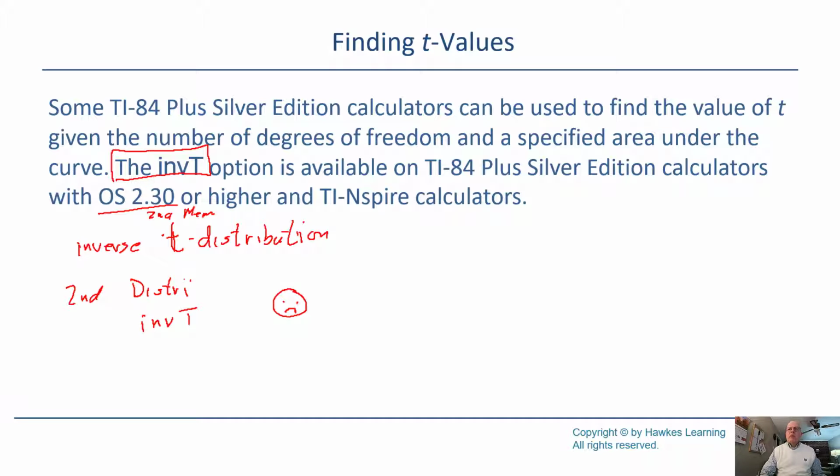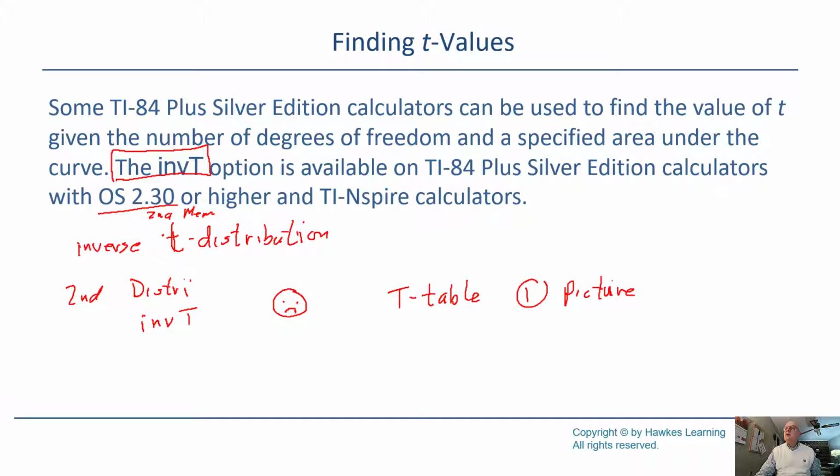If you don't have it, which will probably be rare cases, and most likely only those with TI-83 calculators, what you need is a T table. And there are two easy ways of getting it. Number one, you could just take a picture from the appendix in the back of the book.